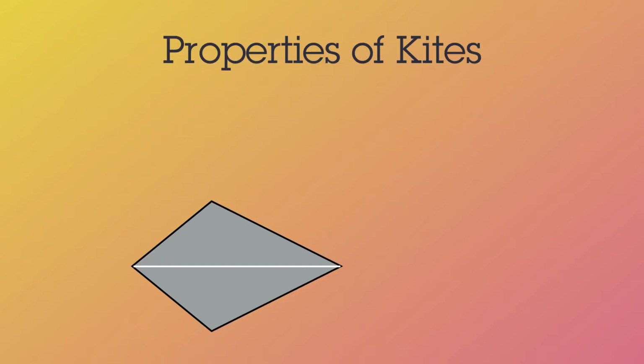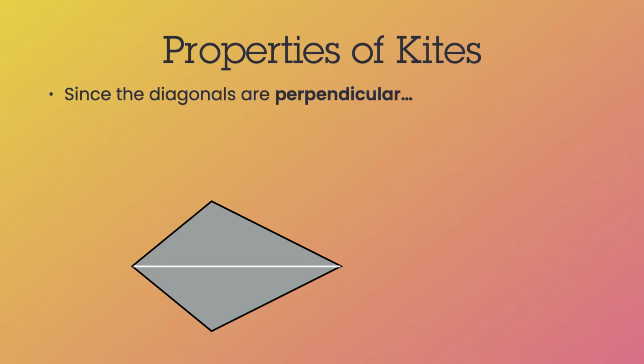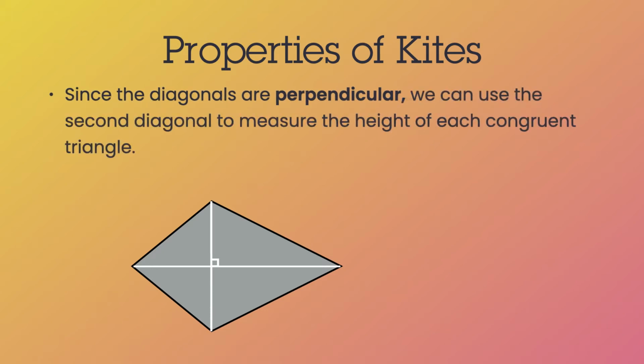So let's review some of the properties of kites that can help us. This diagonal here actually splits the kite into two congruent triangles, one on the top and one on the bottom. But the diagonals in a kite are perpendicular, so we can actually use that second diagonal to measure the height of each of those congruent triangles.